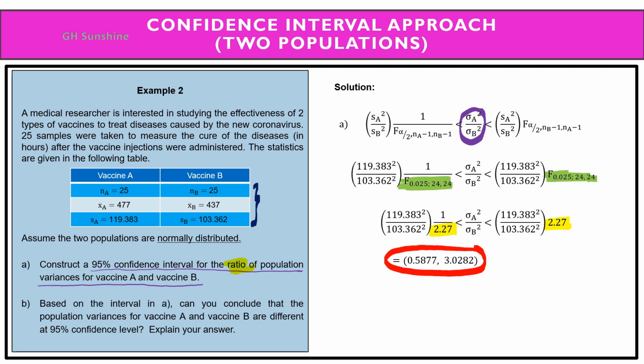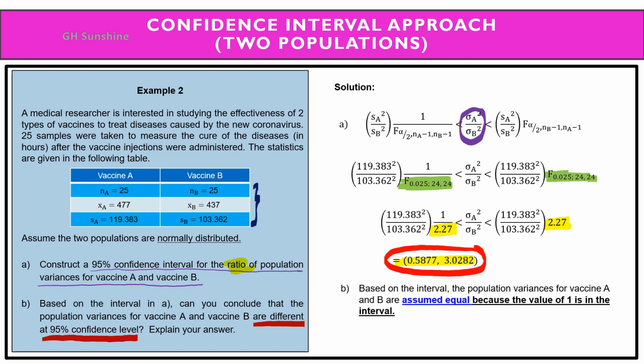Based on the interval in A, can you conclude that the population variances for vaccine A and vaccine B are different at 95% confidence level? Explain your answer. From the confidence interval value, therefore, based on the interval, the population variances for vaccine A and B are assumed equal.